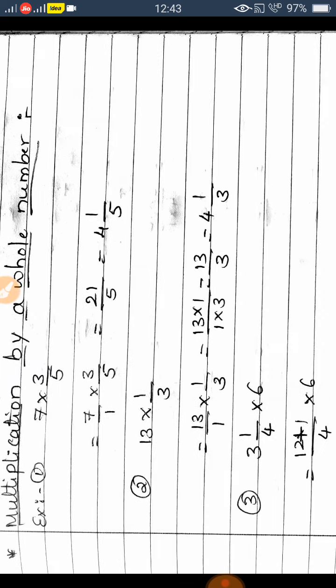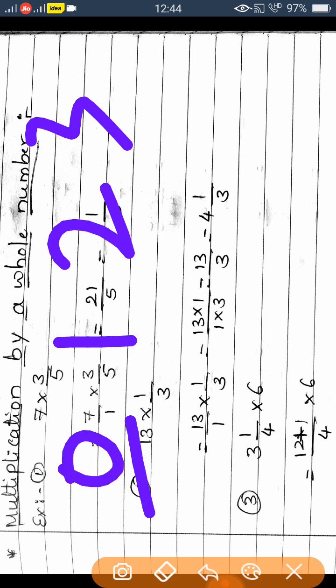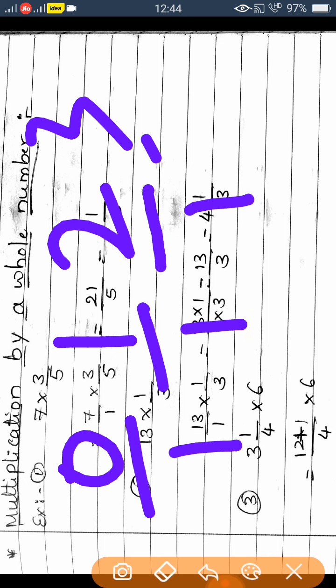Okay. So first question, multiplication by a whole number. Whole numbers are usually 0, 1, 2, 3 and so on. So how can we represent a whole number as a fraction? By writing the denominator as 1, we can convert the whole number into a fraction. A fraction is in the form p by q.